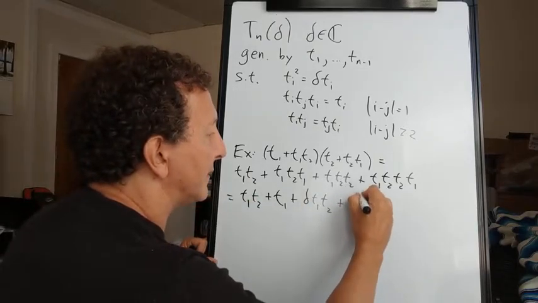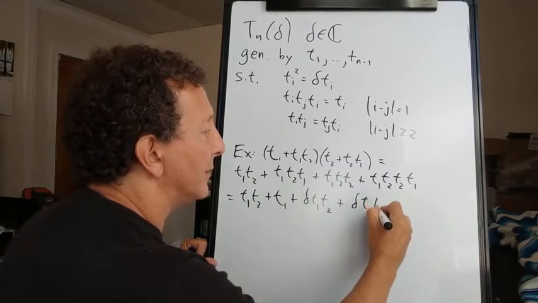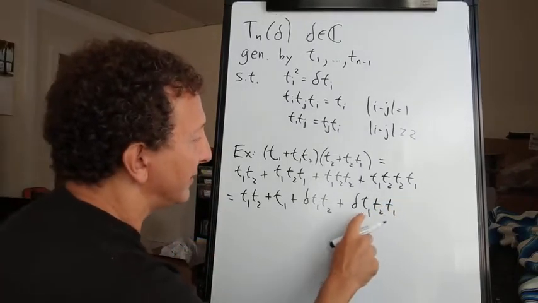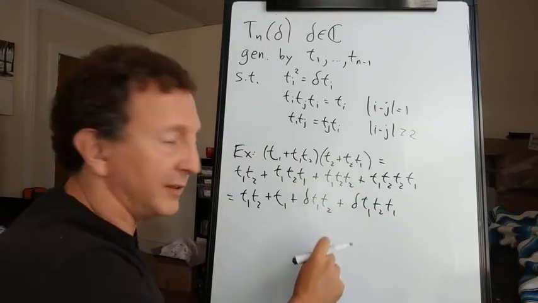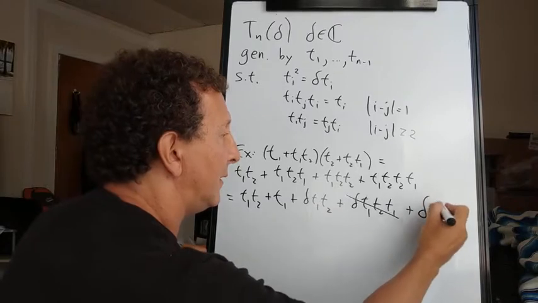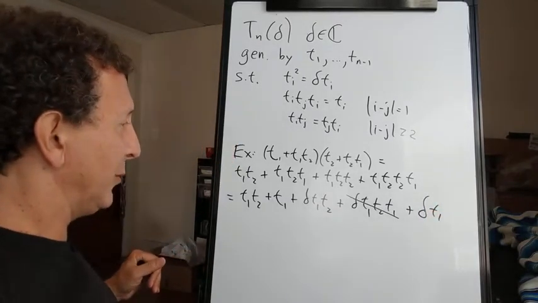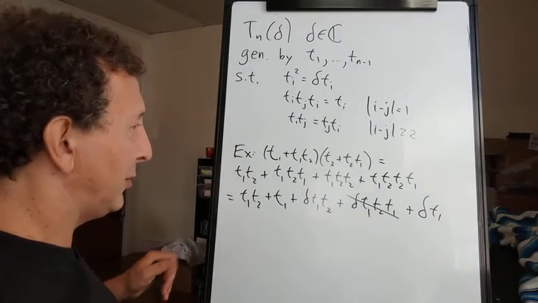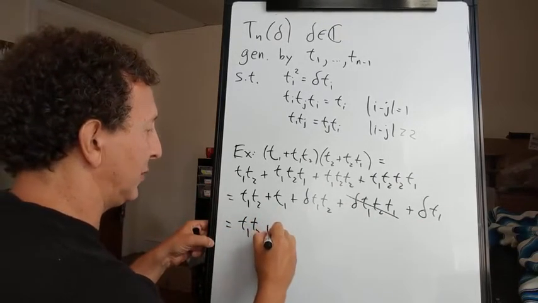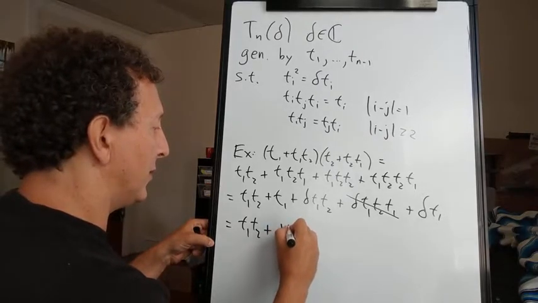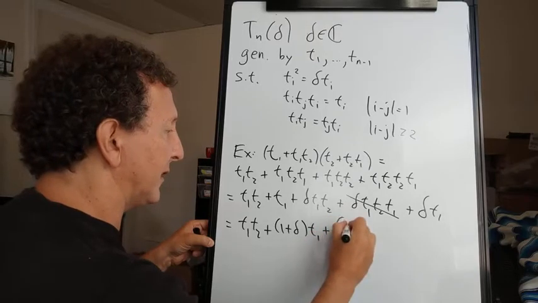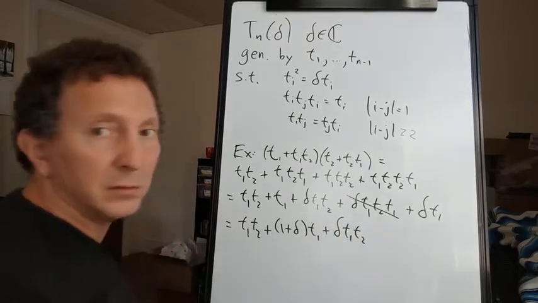That's delta t1 t2 t1, and then t1 t2 t1 is just t1. And we can group together these two terms and write it as t1 t2 plus 1 plus delta t1 plus delta t1 t2.